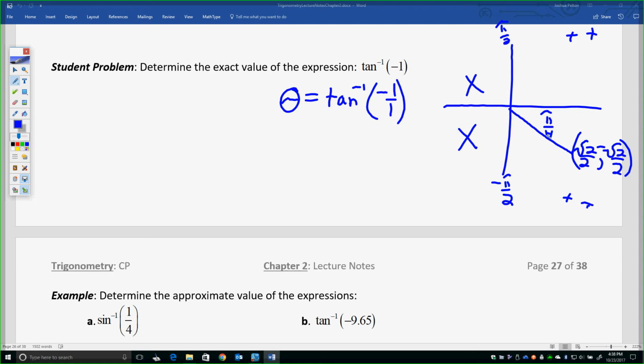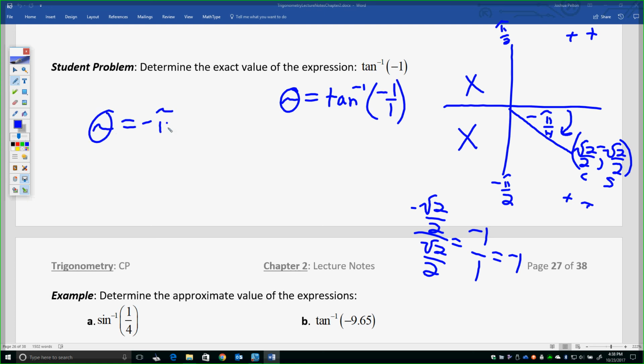Because again, if I do the sine over cosine, that would give me negative root 2 over 2 over root 2 over 2, which is negative 1 over 1, because anything over itself is 1. Okay, but I had to have gone clockwise, so that's going to be a negative angle as a result. That is the end of part 1.